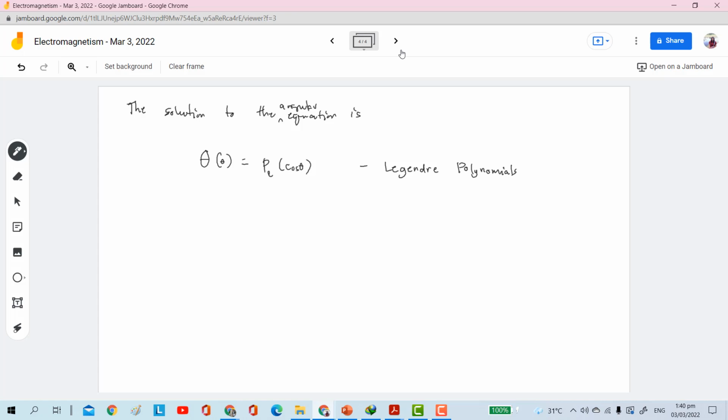Now, this form, the Legendre polynomial, is most conveniently defined by the Rodrigues formula.